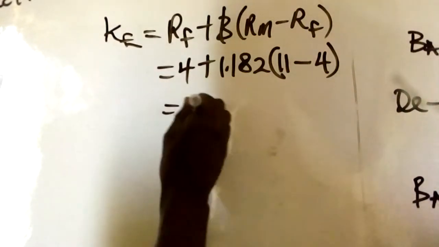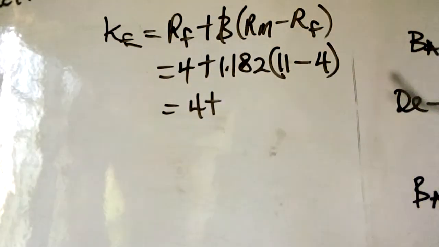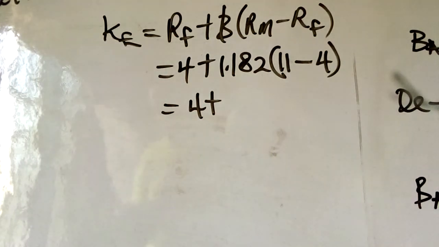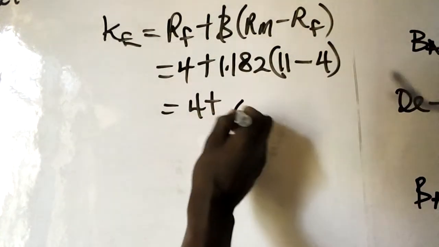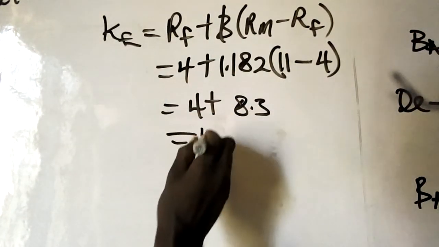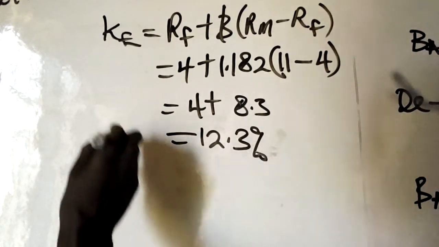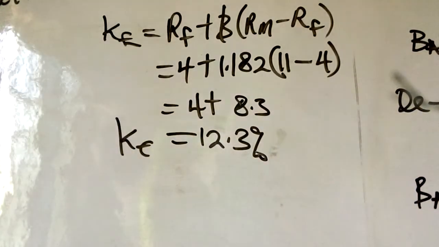So we have 4 plus, 11 minus 4, that will be 7. 7 times 1.182 gives us 8.3. So we have 4 plus 8.3. When you add it, you have 12.3%. That is the cost of equity.